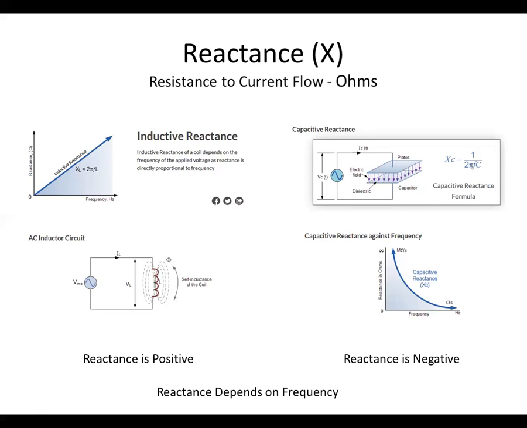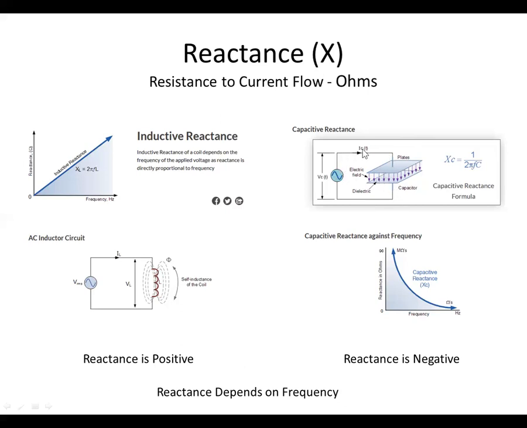And if you hooked up a DC battery to a capacitor, you would see an initial inrush of current that would flow and charge up the capacitor. Let's say this is a 9-volt battery, and you connected it to this capacitor.